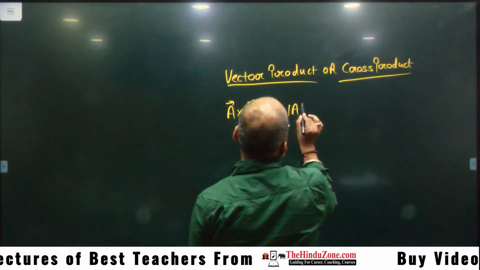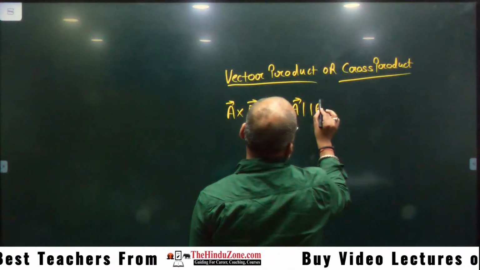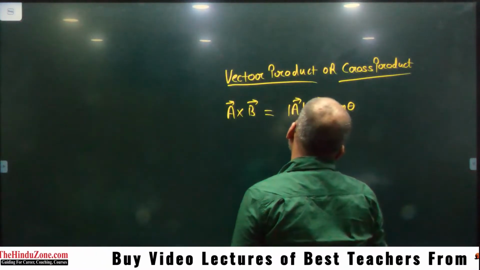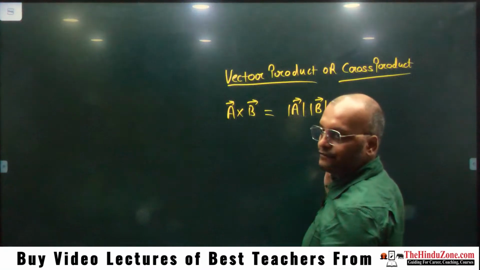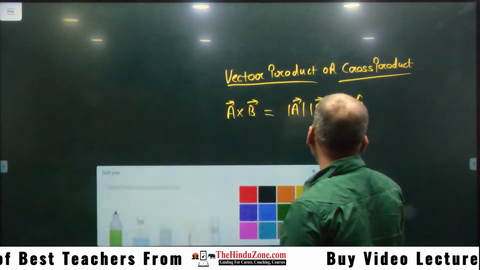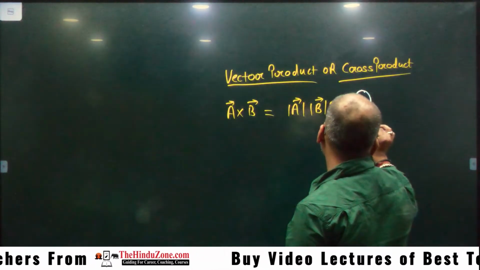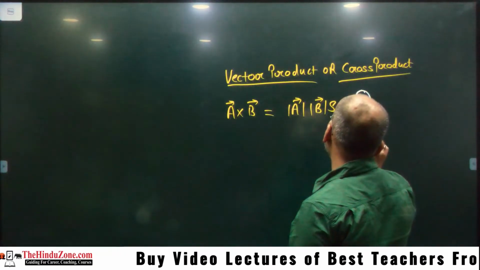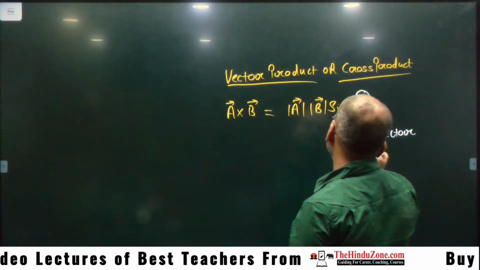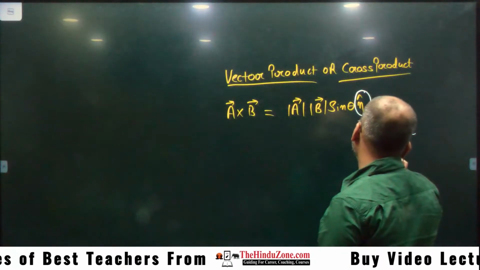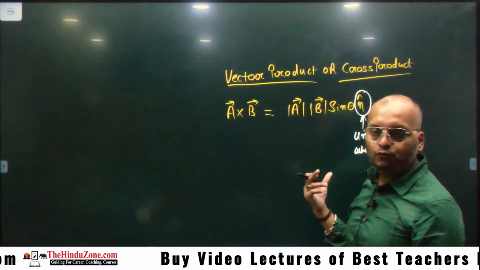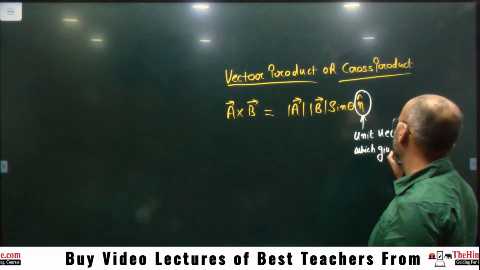You will get magnitude of vector A into magnitude of vector B into sine theta, where theta is again the angle between vector A and vector B, and n cap. What is this n cap? This n cap is a unit vector which gives the direction of the resultant, the thing that you are obtaining when you are doing the cross product of two vectors.